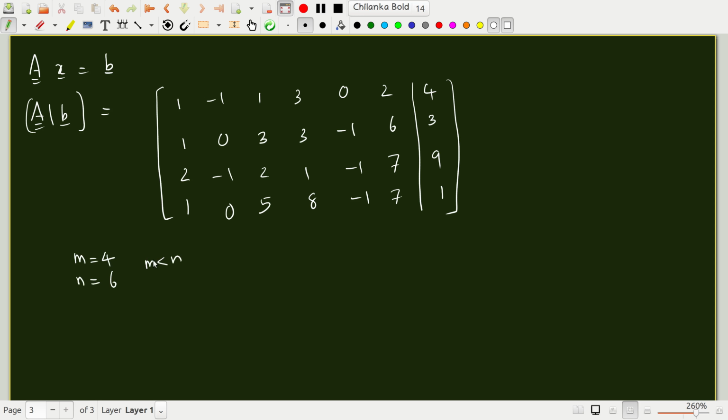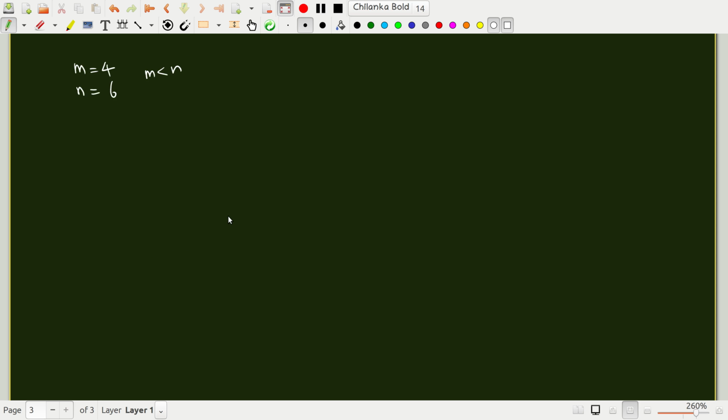So you can again expect that you need not have a unique solution. So we have to use Gauss elimination again.